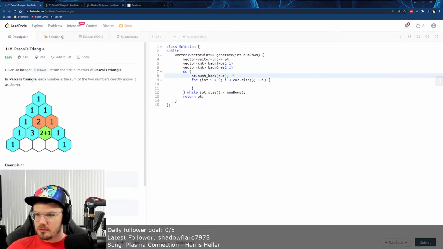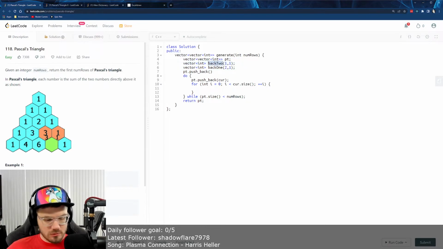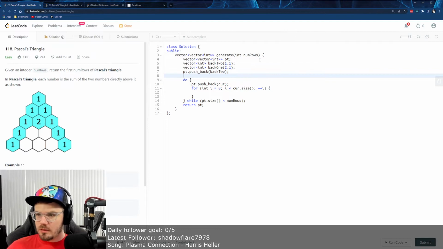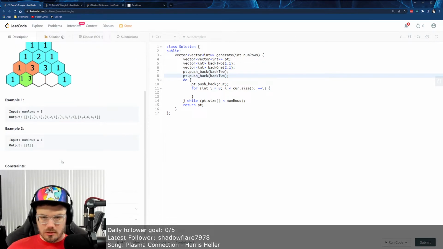Yeah. PT needs to start out by having both of those in it. So pt.push_back back 2, and then back 1. Okay, yeah, this looks good.